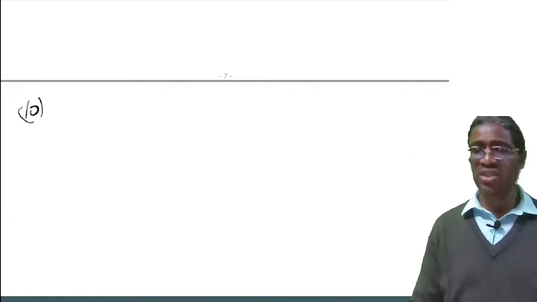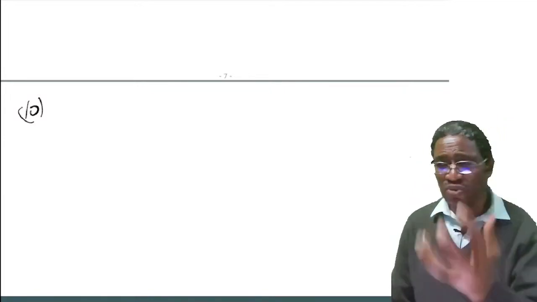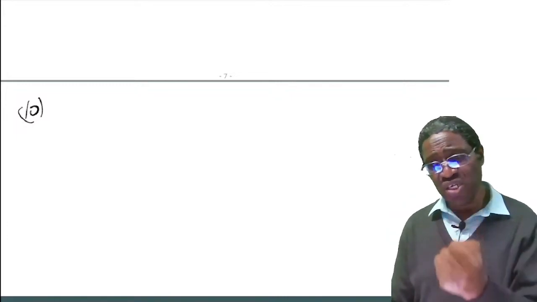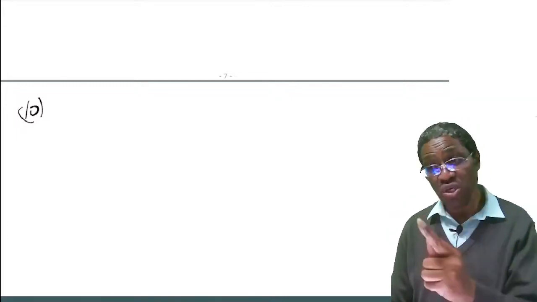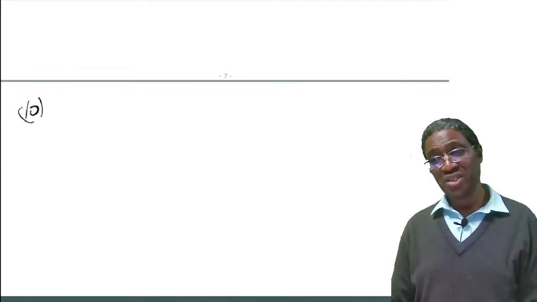Okay, number 10. Listen to this now. Apart from the ordinary shareholders, I told you when a company is liquidated, the stakeholders must be paid what is due to them.